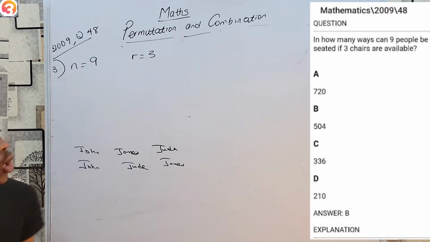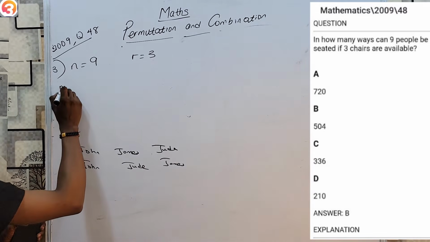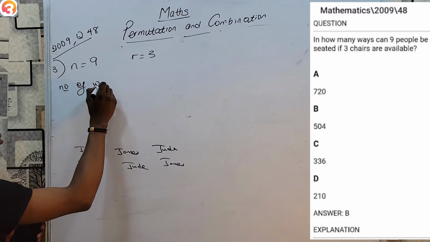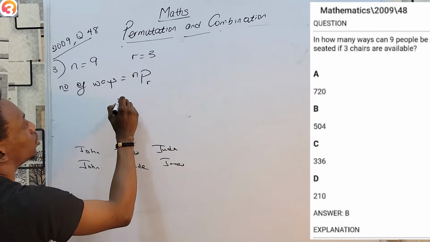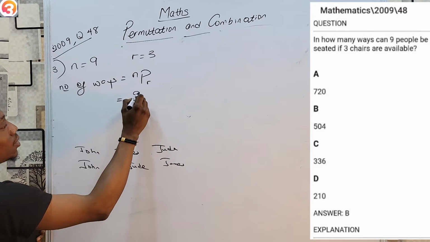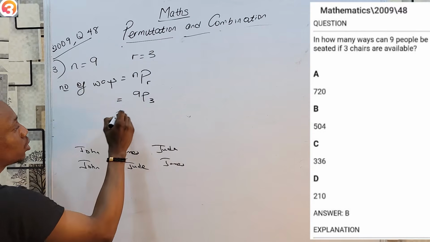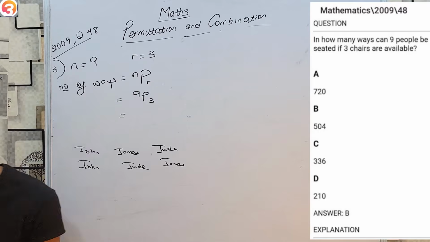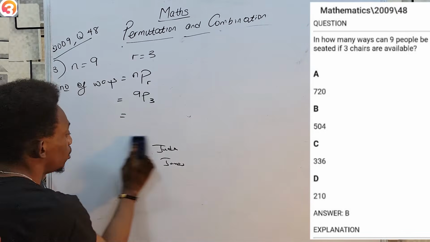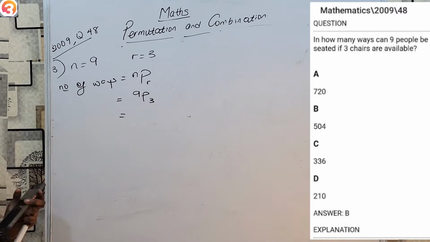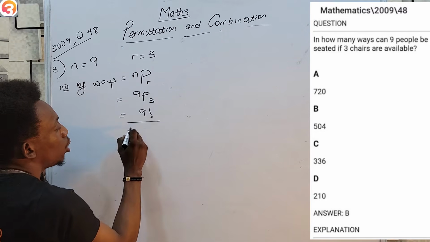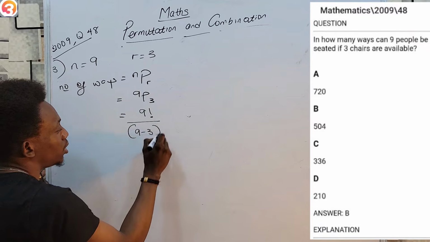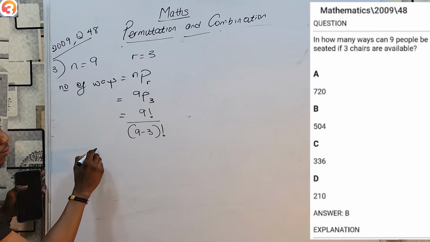You see? So accordingly, that will mean that my number of ways must be n permutation r. n is 9, permutation 3. And following the formula which we noted down for permutation, this will give me 9 factorial all over 9 minus 3 factorial.